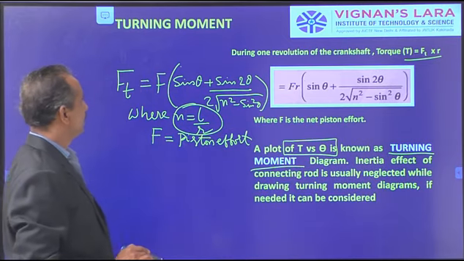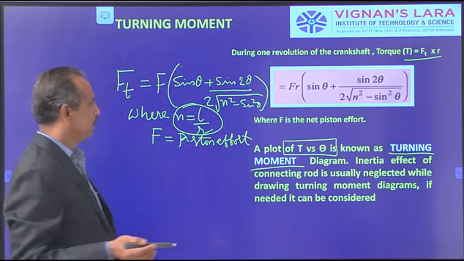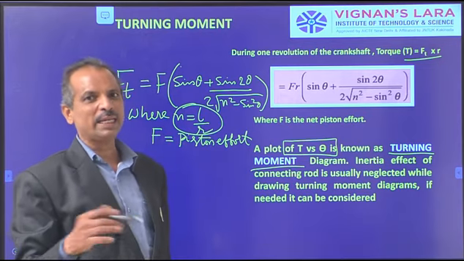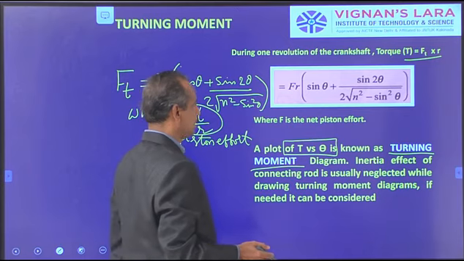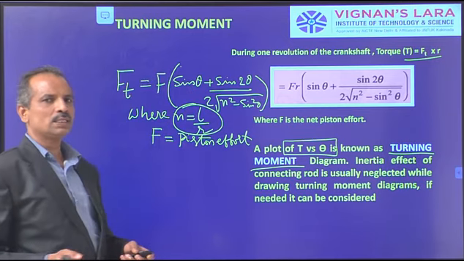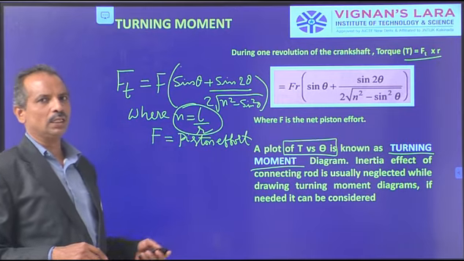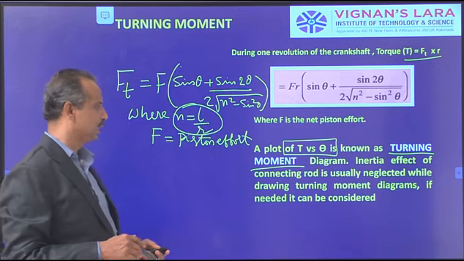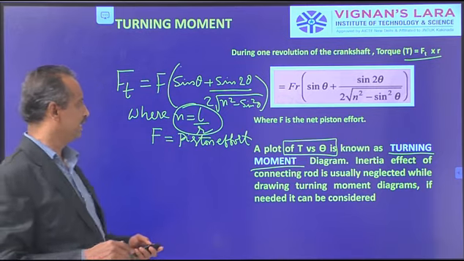The turning moment diagram gives a relation of how the torque is varying with respect to time, T versus theta. Here we have not considered the inertia of the connecting rod. Generally it is neglected to draw the turning moment diagrams. If it is required, you can consider it, but in our analysis we have neglected it.